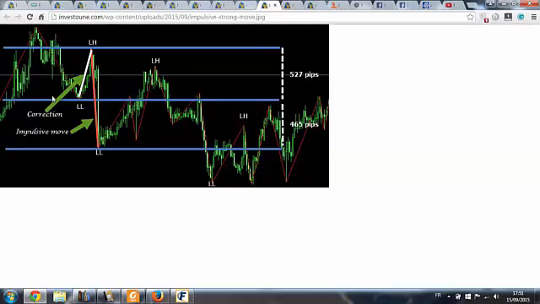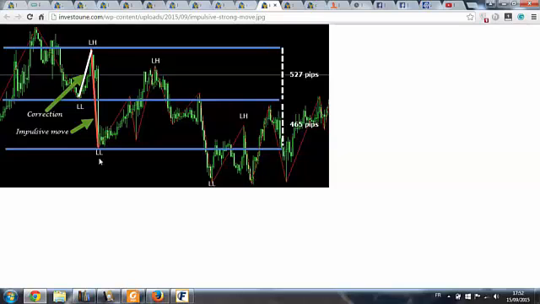For example, this is the correction we have, this is the impulsive move, and we have a downward trend. The correction is 527 pips, and the impulsive move is slightly 2200 pips.